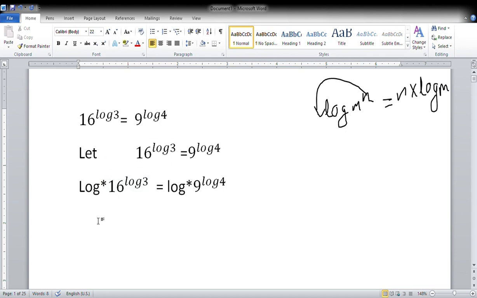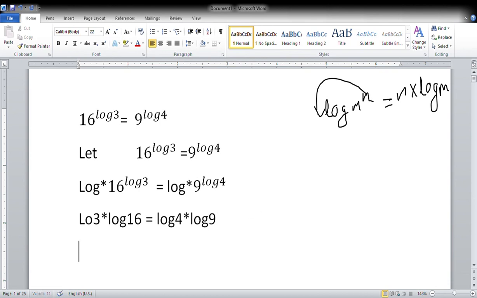That means log 3 multiplied by log 16, right? And the same thing is happening on the right side also. This log 4 will come to the front side, that means log 4 multiplied by log 9, right?